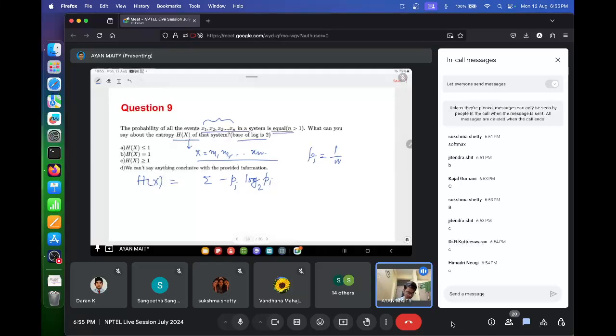So this would be, over i, minus 1 by n log base 2 of 1 by n. This negative can be used inside the log to make it log of n only. So 1 by n into log of n base 2.